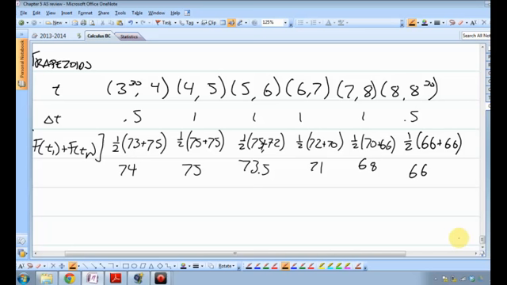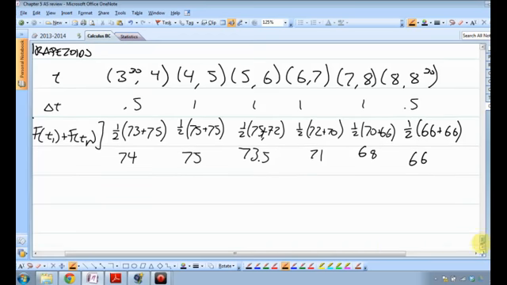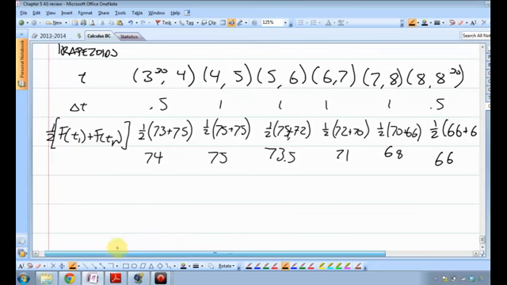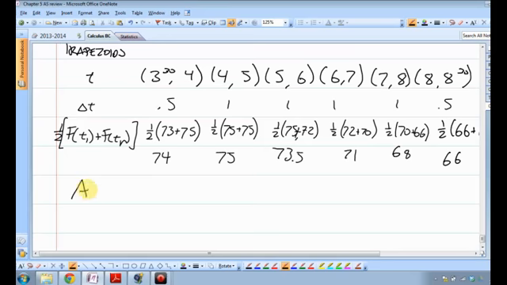Okay. Areas. Half of 74 is 37. 75, 73.5, 71, 68, 33.